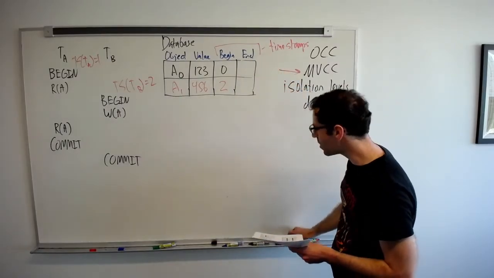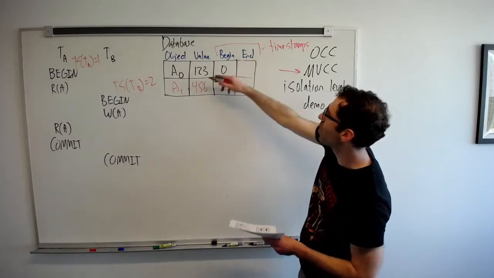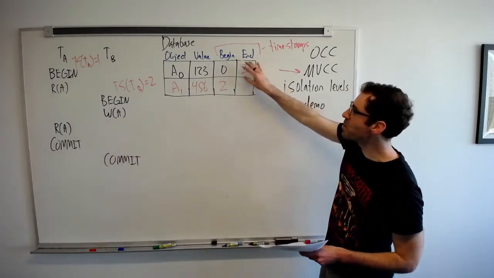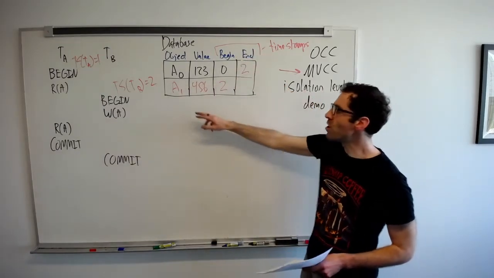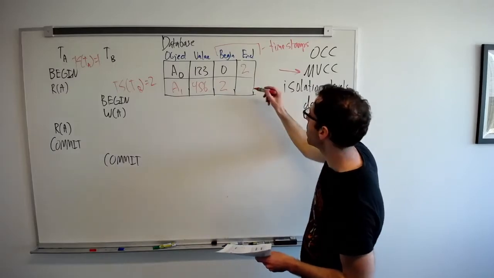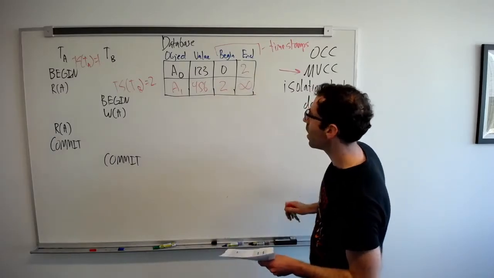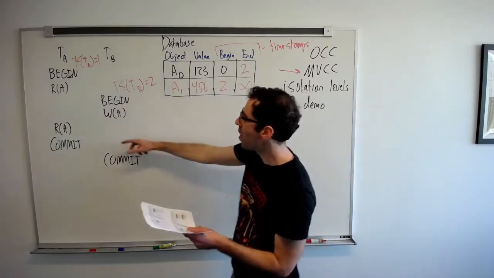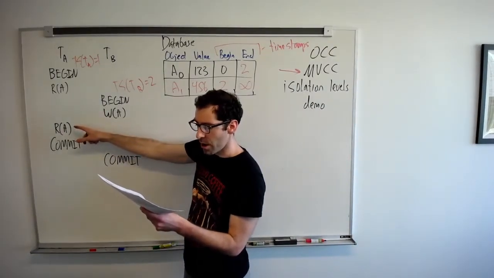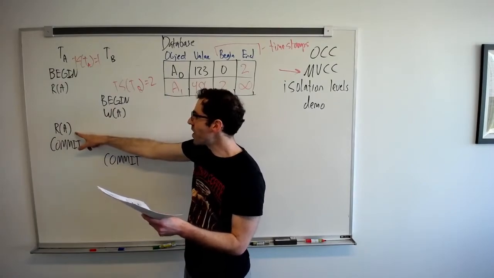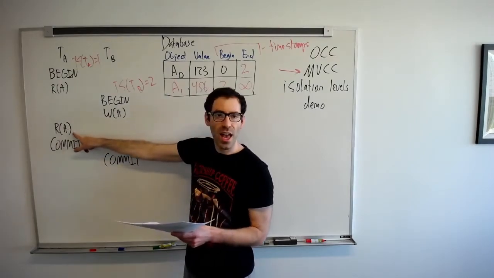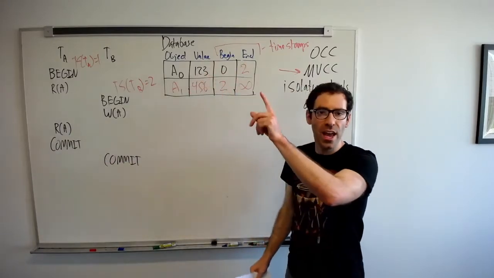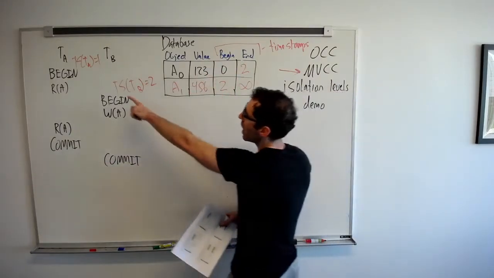At the same time, this also needs to adjust the end timestamp of the previous version. So our A0 is now going to end at timestamp 2, and then from 2 onwards, we're using our version A1. And so then when our transaction A reads A again here, it goes to the database and again is looking for the version of A that is valid for its timestamp of 1.